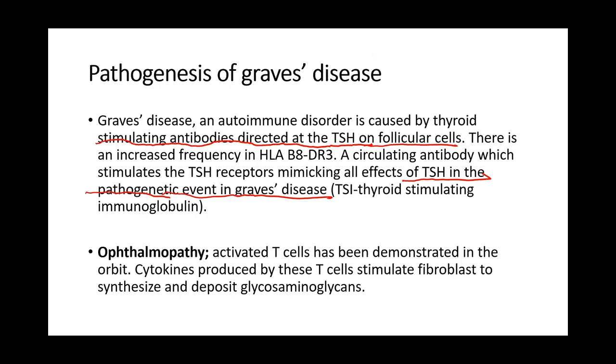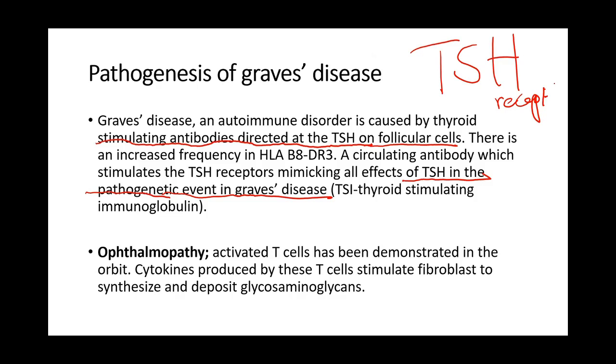So there are thyroid stimulating immunoglobulins, okay, that mimic TSH. They stimulate the TSH receptors on the thyroid gland. So there are autoantibodies. The patient will be producing a lot of the hormones.